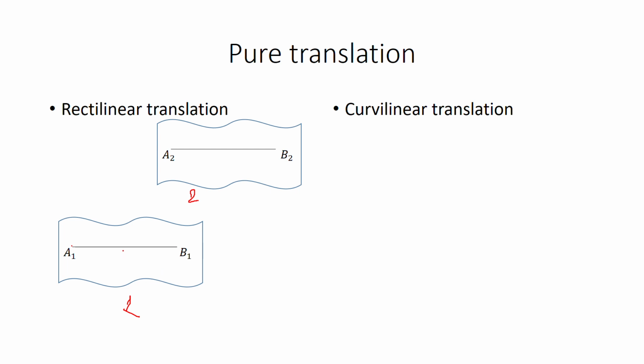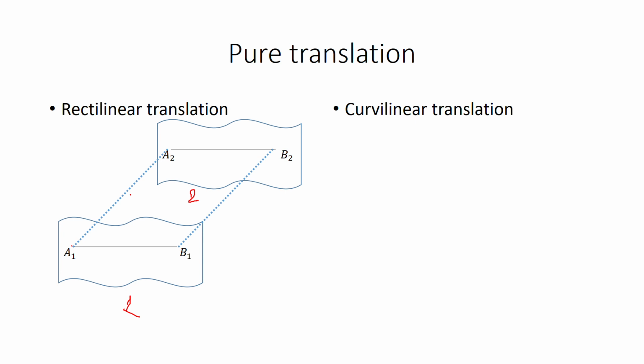Initially they were horizontal, so finally they are in horizontal position. If we trace the path of A, that is, it moves from A1 to A2, it is a straight line. Similarly for path B, it is again a straight line, and notice that these two straight lines are parallel to each other. This is the basic definition of a rectilinear translation, that the path traced by A or B should be a parallel straight line.